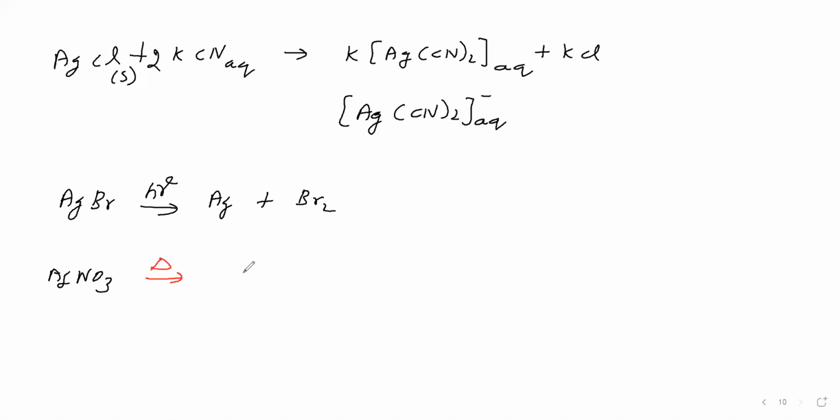Silver nitrate on heating, what happens? When the temperature is above the melting point of silver nitrate, on heating it gives silver nitrite and oxygen.